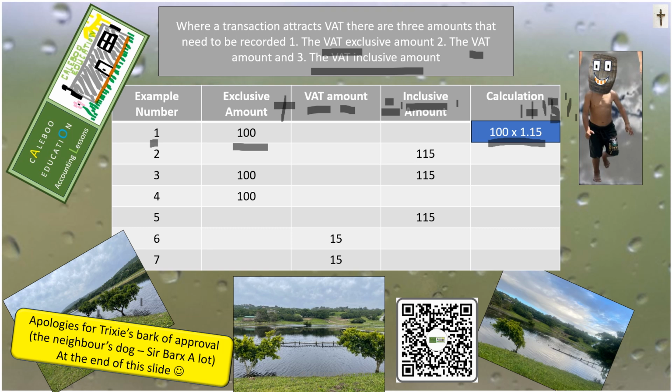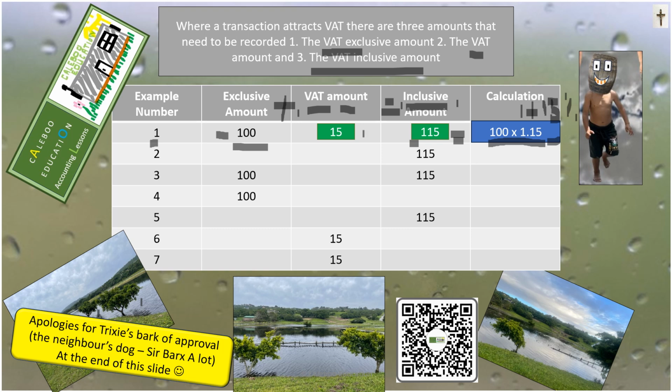So 100 multiplied by 1.15 is equal to 115. So the inclusive amount is 115. And if I want to calculate the VAT amount, I just say 115 minus 100, and that will give me 15.